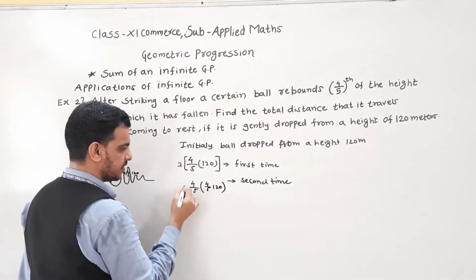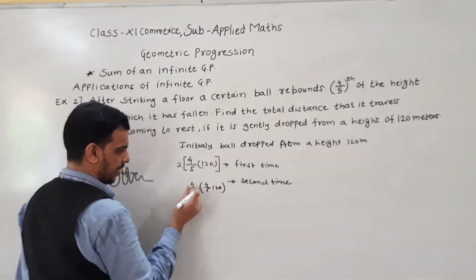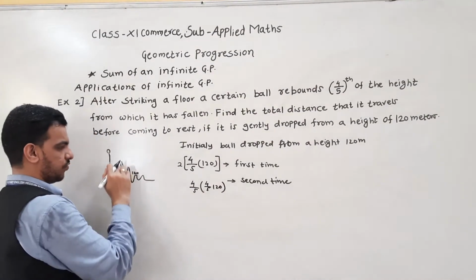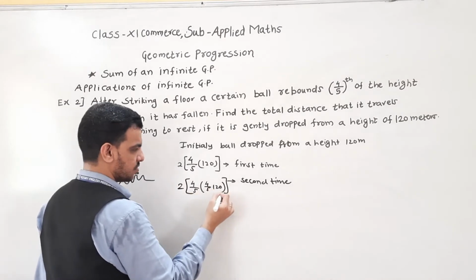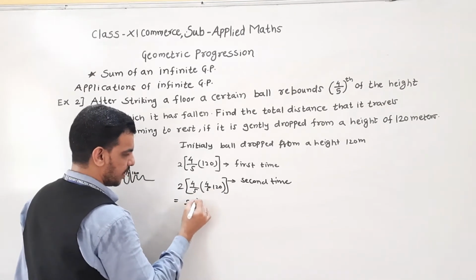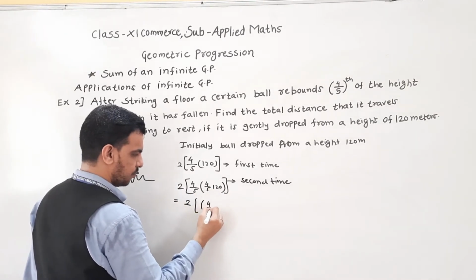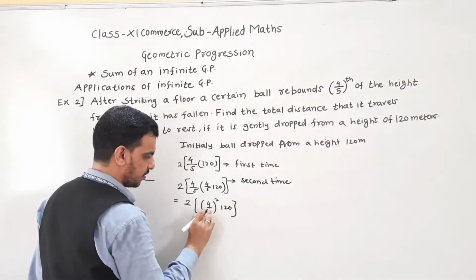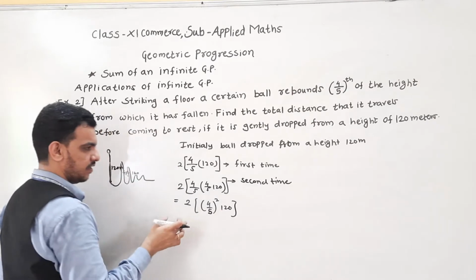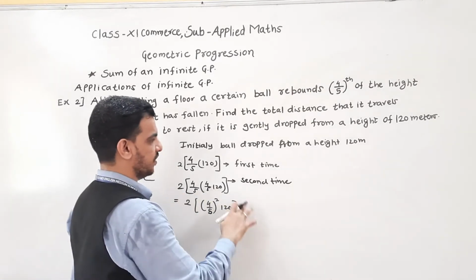Okay, and this distance is 2 times, when it is going up and down, so 2 times this distance. So it is equal to 2 times 4/5 square into 120, and it goes up to infinity.